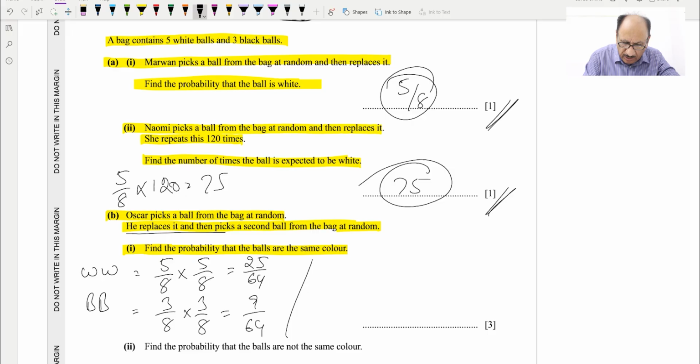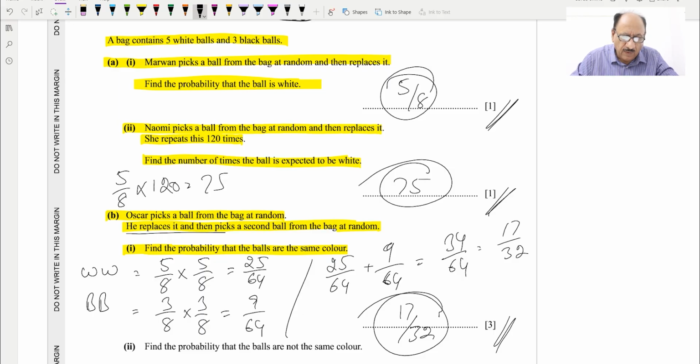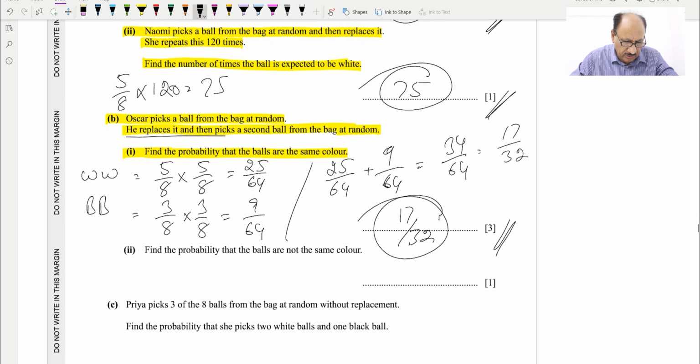And we need to add this 25 over 64 plus 9 over 64, and this will be equal to 34 over 64, which will be simplified to 17 over 32. So 17 over 32 will be our final answer for 3 marks. Hopefully you understood this.